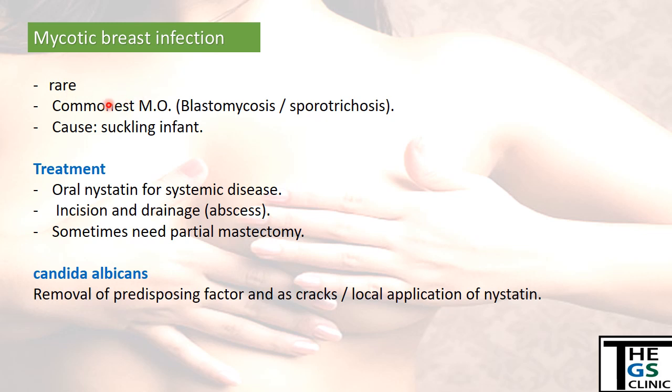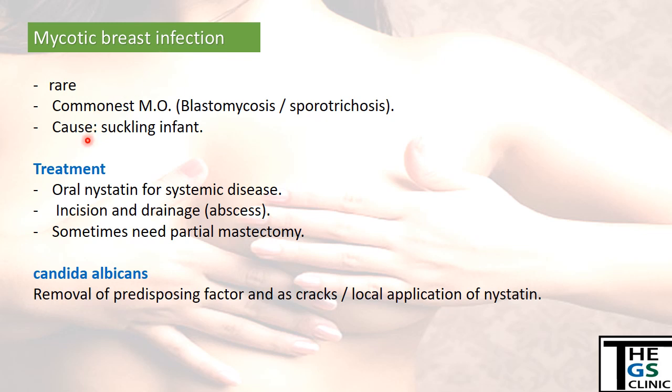So here we have microorganisms that are known as blastomycosis or sporotrichosis. It's not so important to know the names of these microorganisms. It's just to know that someone with immune suppression due to any cause will have fungal or mycotic breast infection.